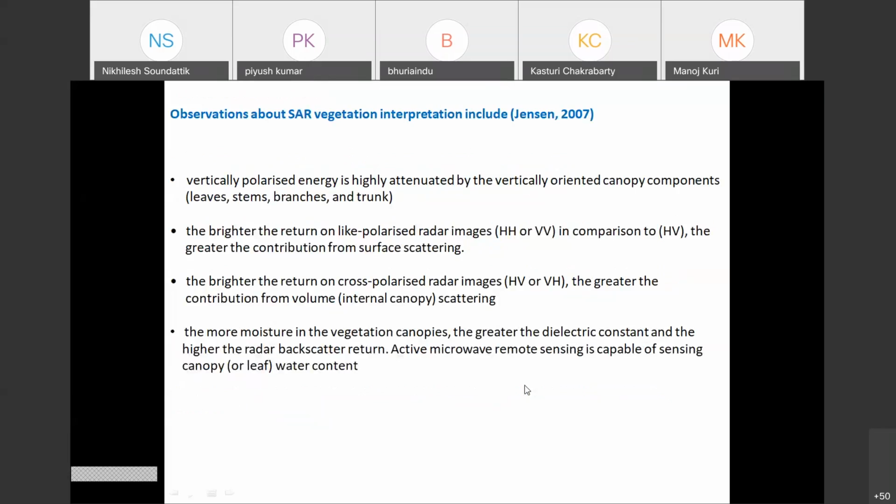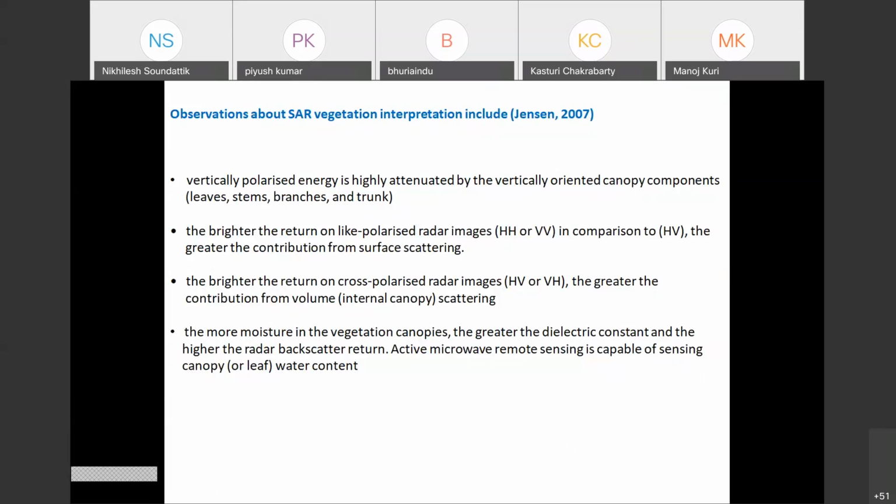Now, some observations that we see are that vertically polarized light is highly attenuated by the vertically oriented components of the trees. These are a few things that we need to remember while interpreting the radar image.